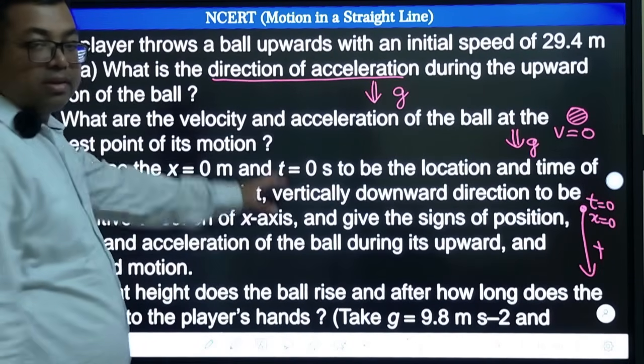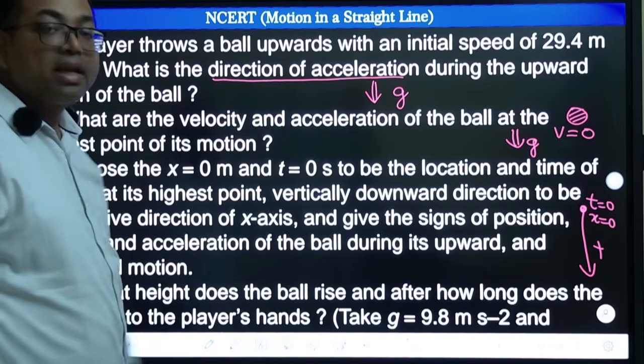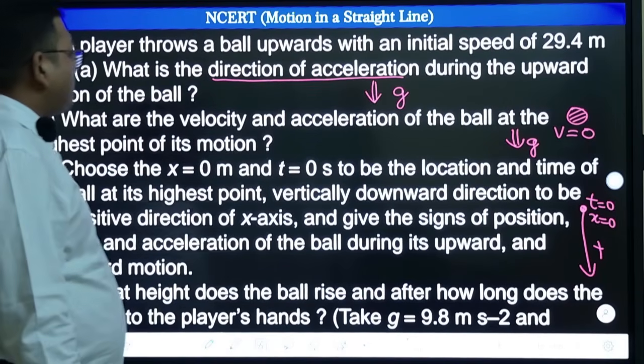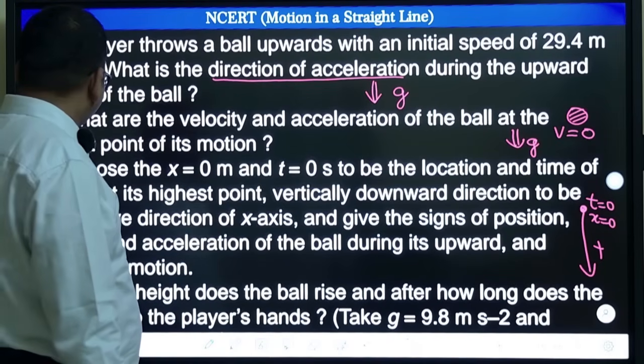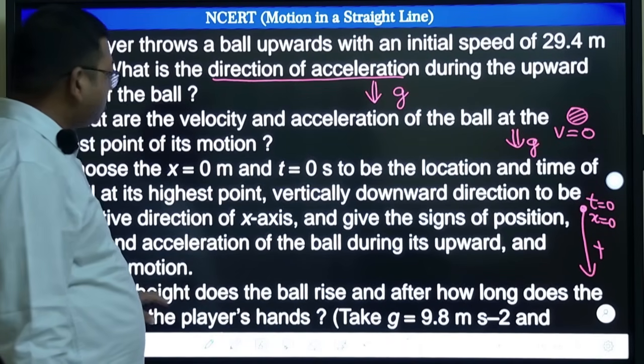They are giving the sign convention, and according to that you have to tell the answer. Give the signs of position, velocity, acceleration of the ball during its upward and downward motion.